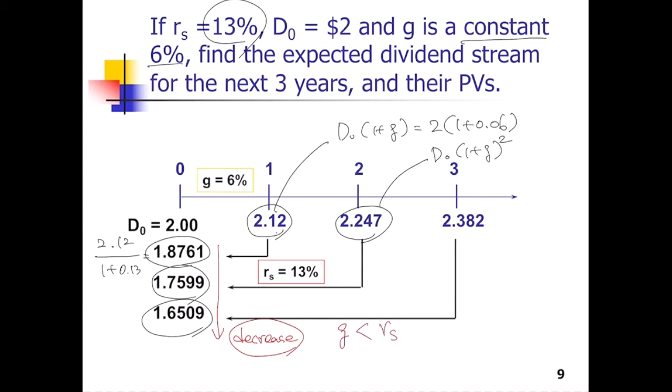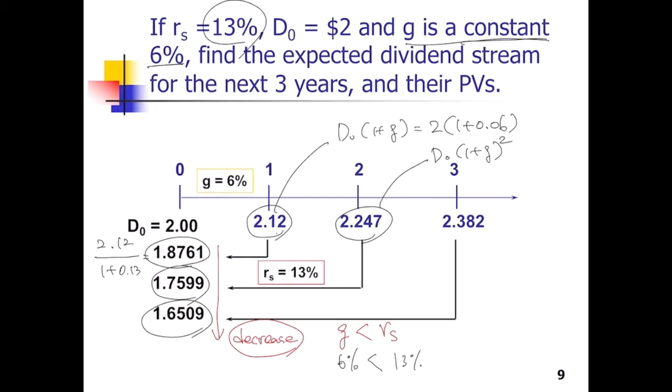In this case, what is g? g is constant at 6%, and Rs is 13%. So when g is smaller than Rs, the value of dividend decreases. So as n goes to infinity, the dividend converges to some number, not explode. So now we can apply the constant growth model.